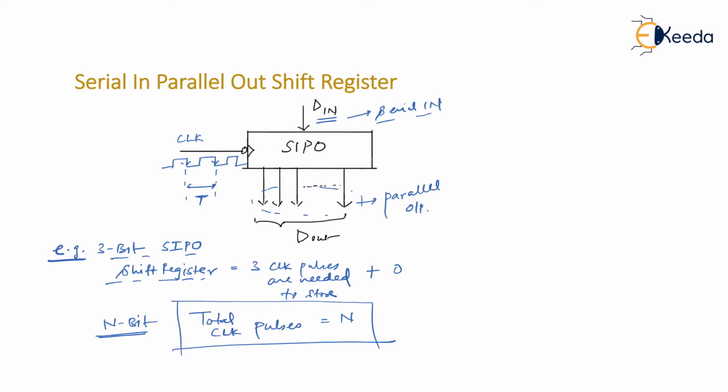Therefore, you require no extra clock pulse to retrieve the data back. Of course, since I know the total clock pulses, the total time required to carry out this operation is obviously n times t, where I hope you understand t means one clock cycle time spacing, isn't it?